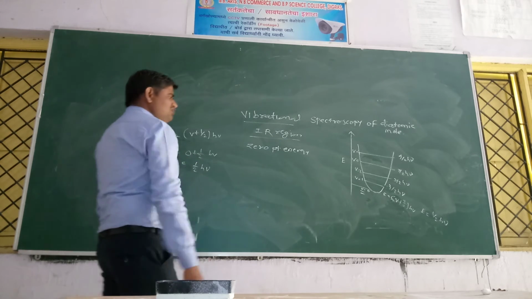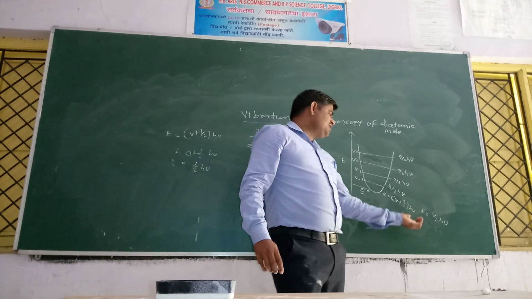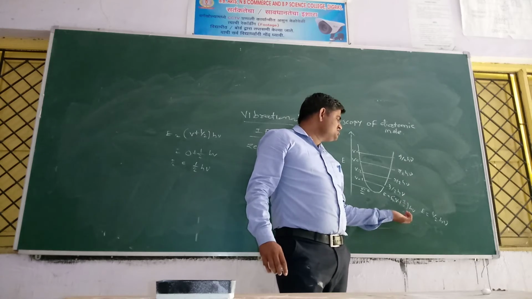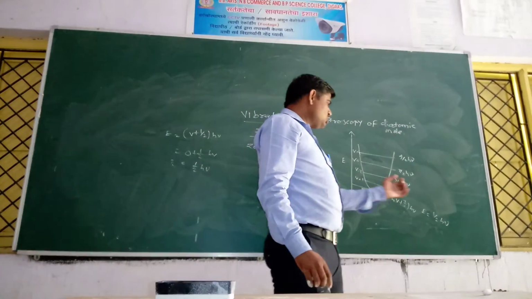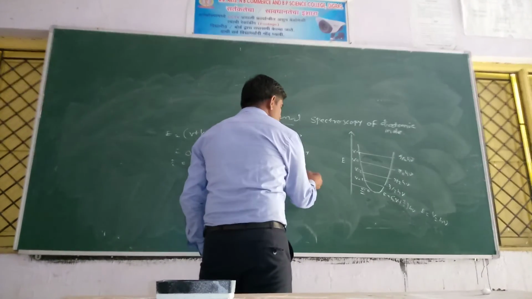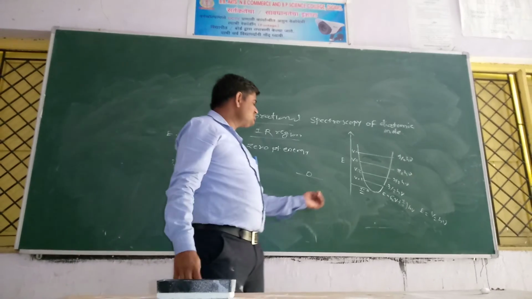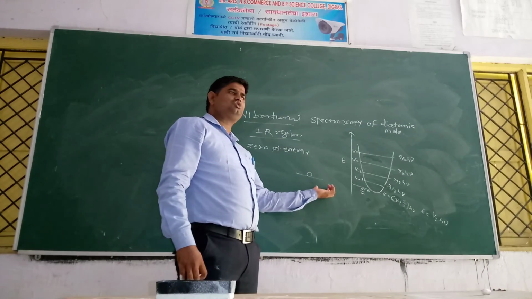Means if vibrational quantum number value is 0, then is the energy of the diatomic molecule 0 or something? No, not 0, because any molecule present at rest position, but its energy is not 0. Why is its energy not 0?